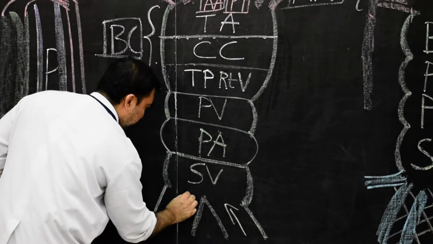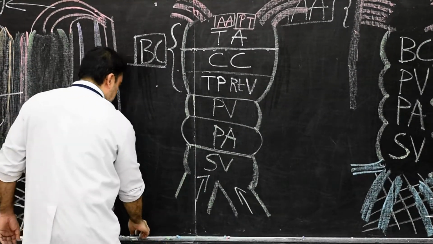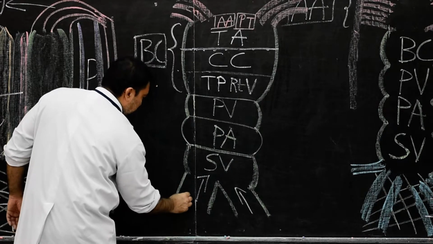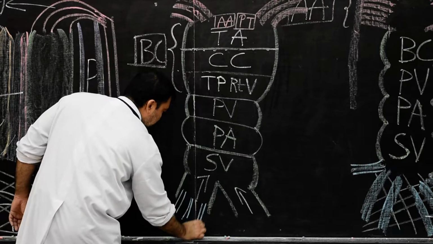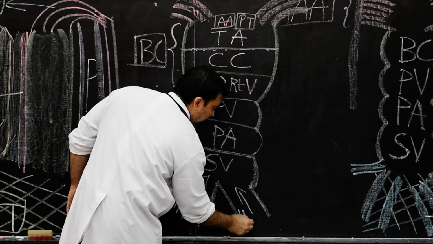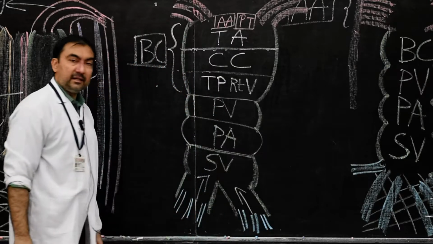This is 1, this is 2. Right and left horn of sinus venosus. And each horn will receive how many veins? 1, 2, 3. So there will be the 2 vitelline, the 2 umbilical and the 2 common cardinal veins.